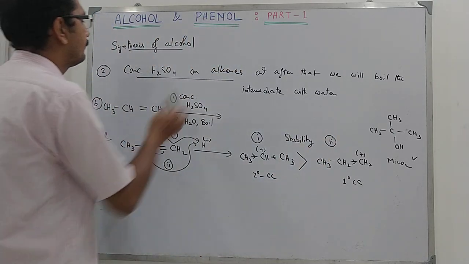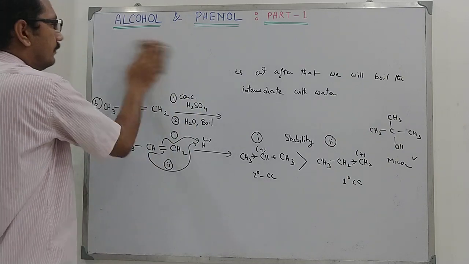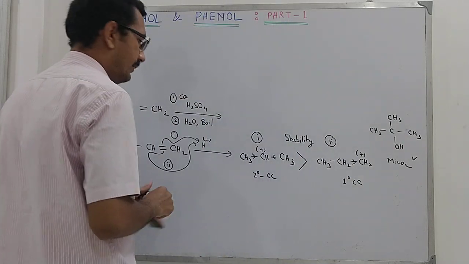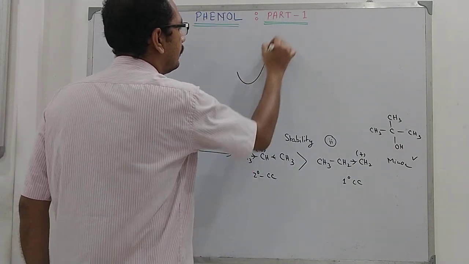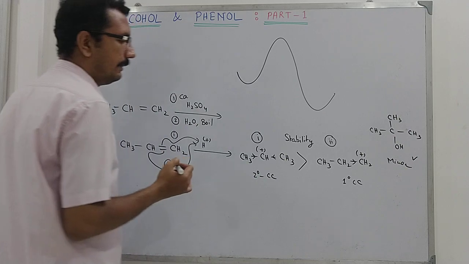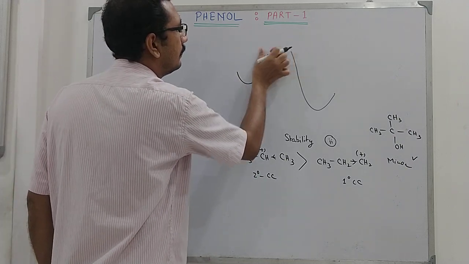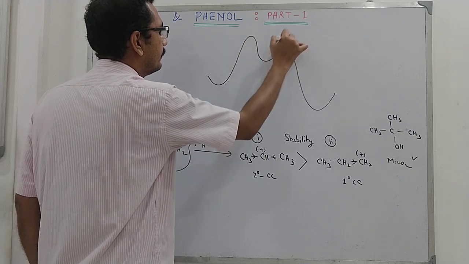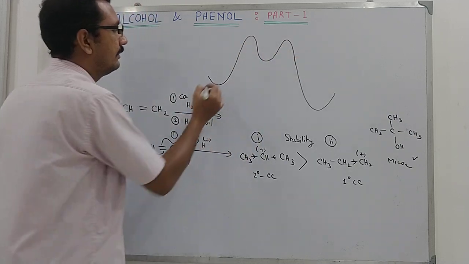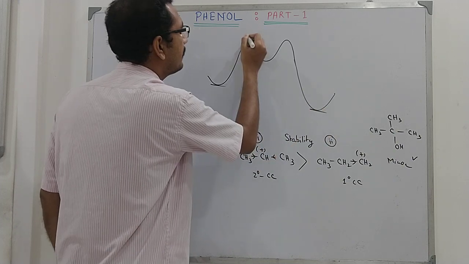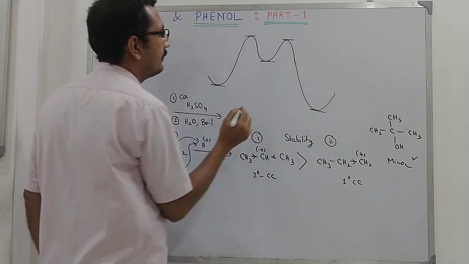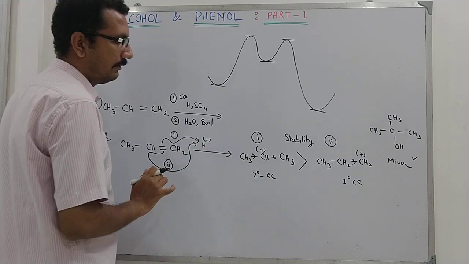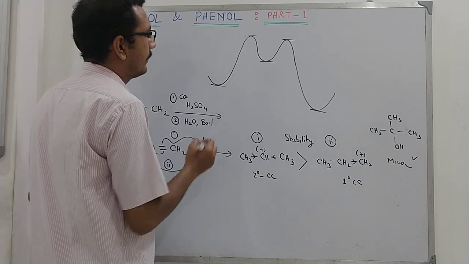Now you see how this stability will guide the product. If you draw the reaction profile, since you are now an expert of chemical kinetics, I can show you the effect of the stability of this carbocation.